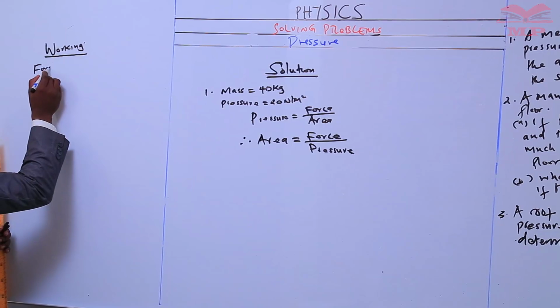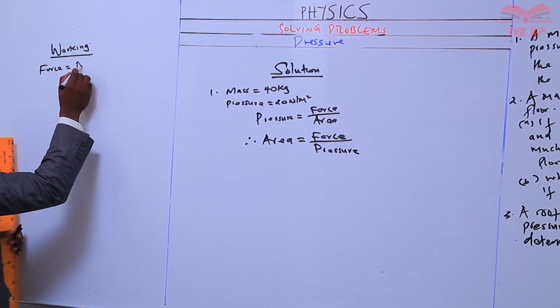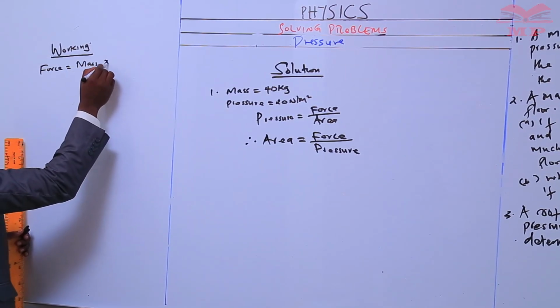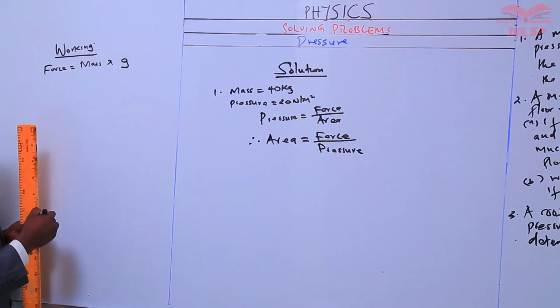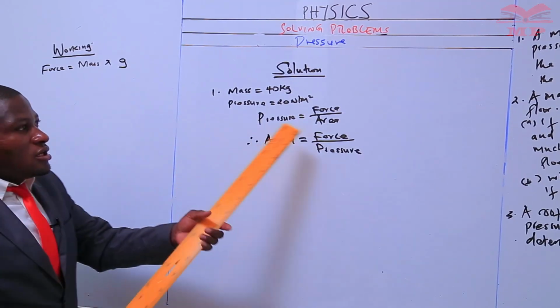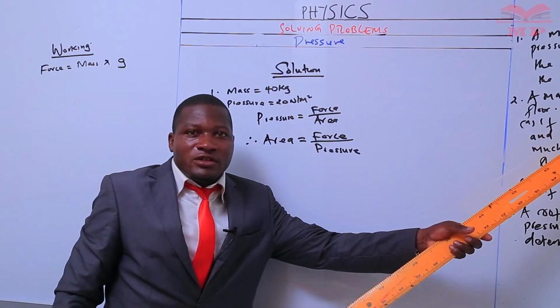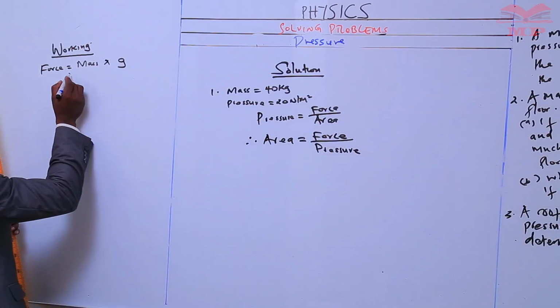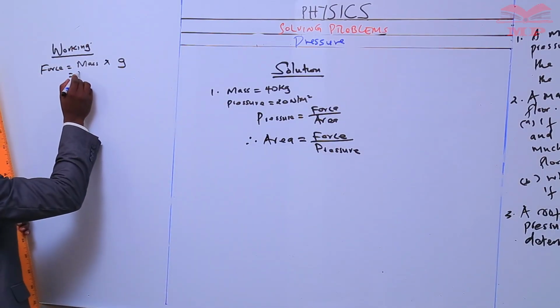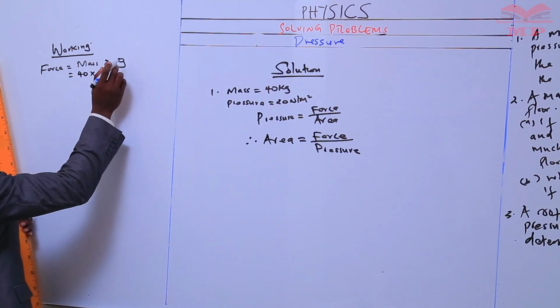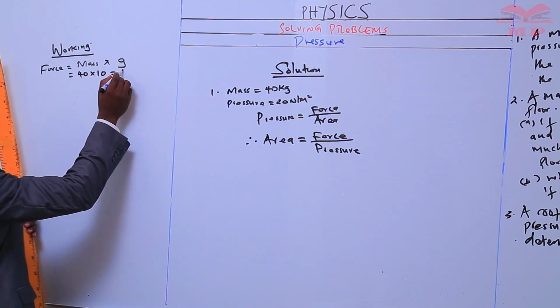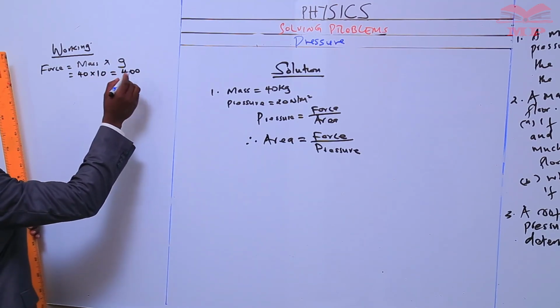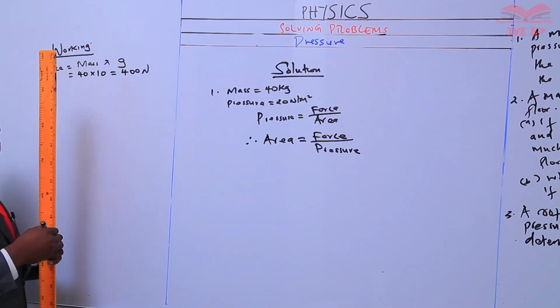Force is given by mass times g. g is the force of gravity, and you have been given that. So if I want to get force, I just take mass, which is 40, times g, 10. This gives me 400 newtons.